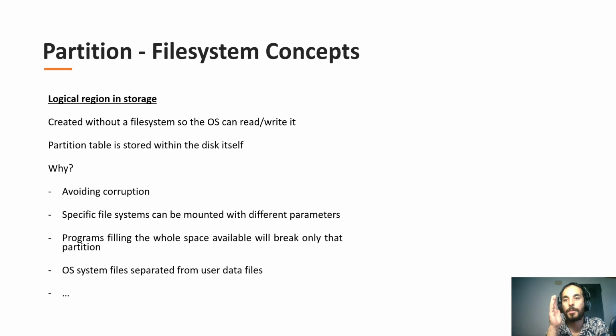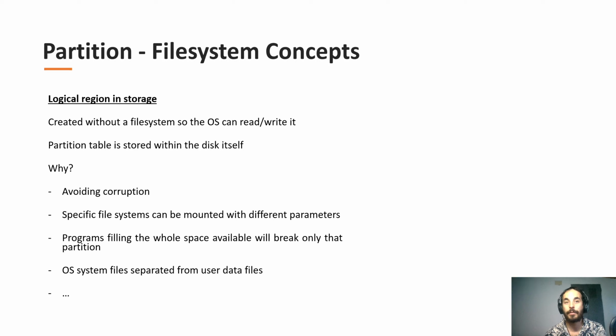You split the storage available into sections which are abstract. It's not physical. You don't take a knife and cut the hard disk into parts. Partitions are always virtual, and they are a way of organizing the space available in the storage.